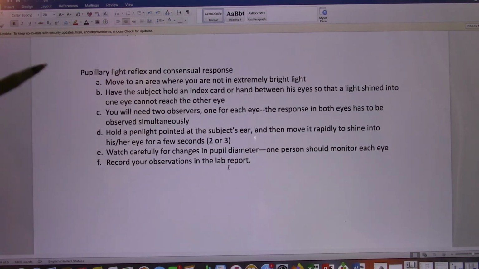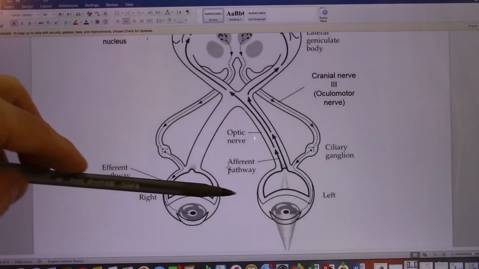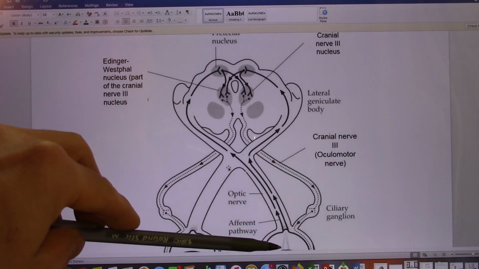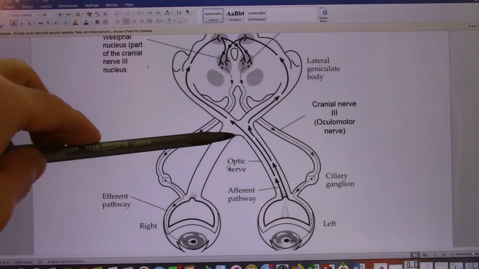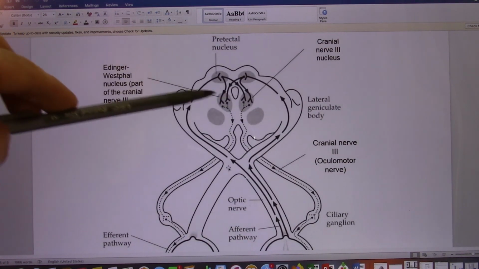And actually you can do this at home as well. You just shine the light to your pupil and you watch the other eye, see what happens. And it turns out both eyes are going to constrict. The reason is it goes through the reflex. So the pupil constriction is the reflex. It will go through your control center in your brainstem area.